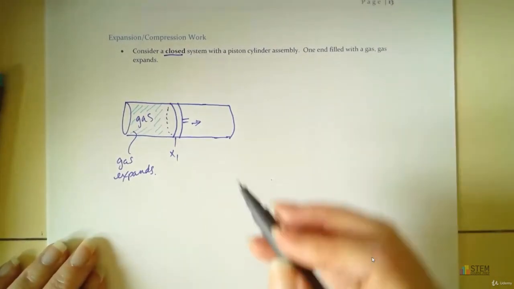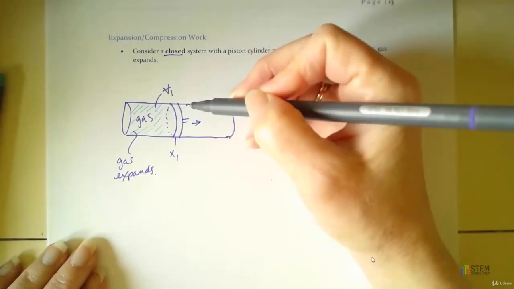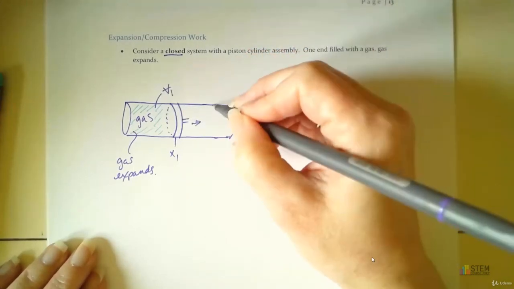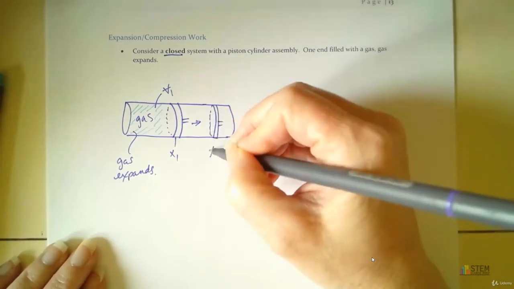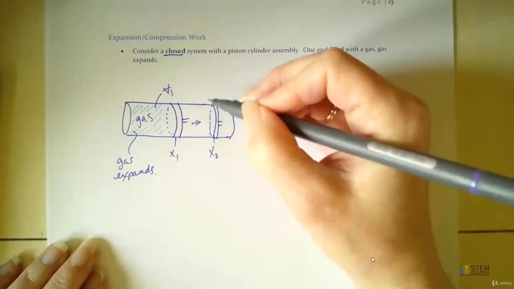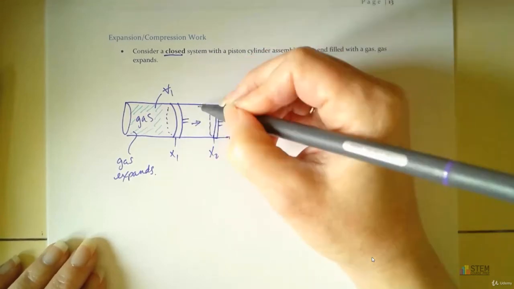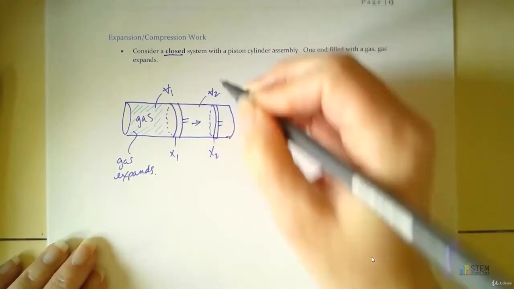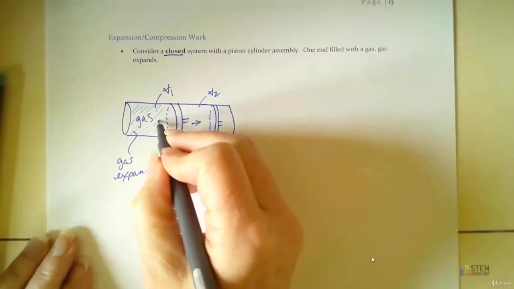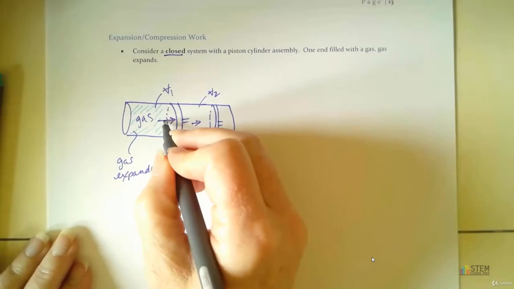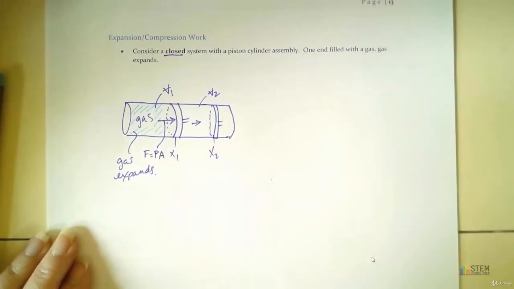Now what happens with that, let's think about it. We started out with this volume, V1. Now if the piston moves to the right, and let's say it moves over to here, this will be our second location. Now we've got a much larger volume, right? Because now we have all of this plus all of this. So now we've got an expanded volume, and all of that was caused by this force right here. And this force was caused by the pressure.